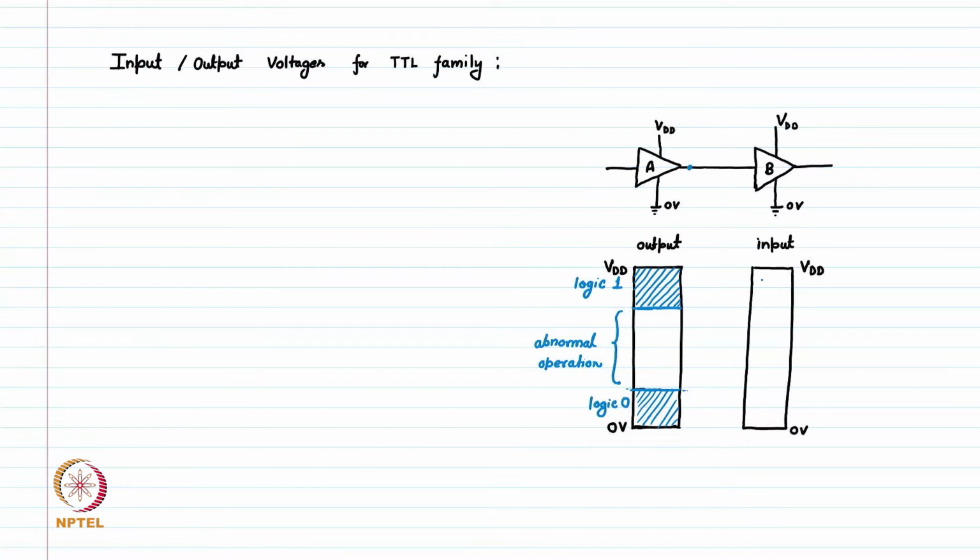So, the detection range or the threshold values of the input of gate B should be somewhere here, so that it is satisfactorily detected by the next gate. So, this is my logic 1 and this is my logic 0.